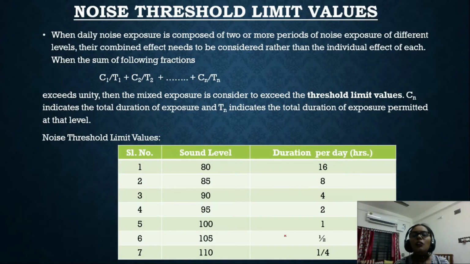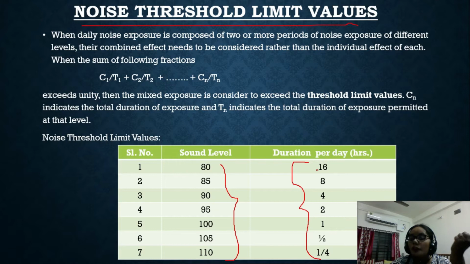Now the next topic is noise threshold limit value. Look at the table: these are some of the noise levels, 80 decibel, 85 decibel, 90 decibel, 95 decibel, and these are the hours per day, the duration of exposure to this decibel sound per day.